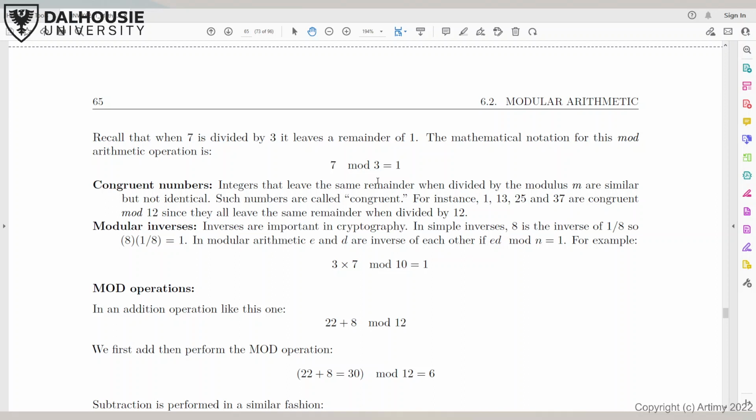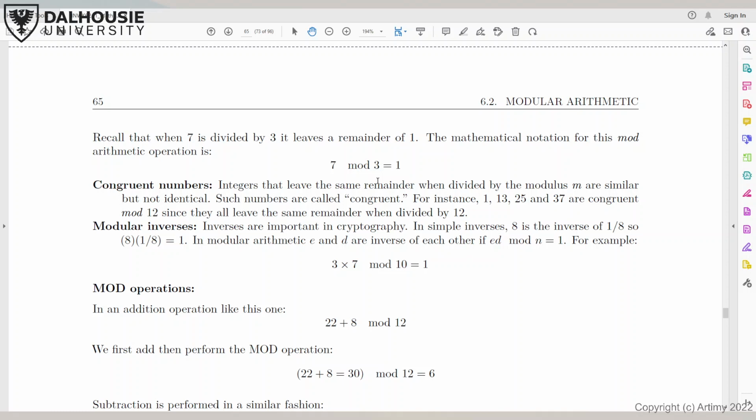The other concept that we need to understand is the inverse. This is really important. In mathematics, if I multiply 8 by 1 over 8, I get 1. So in this case, the inverse of 8 is 1 over 8.